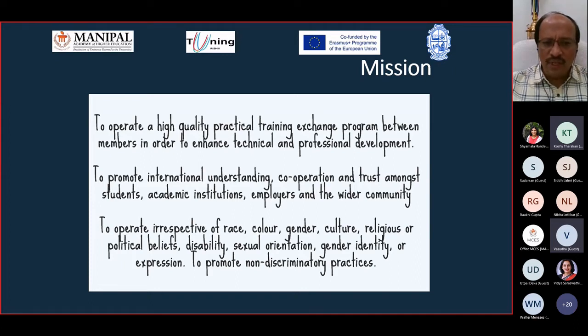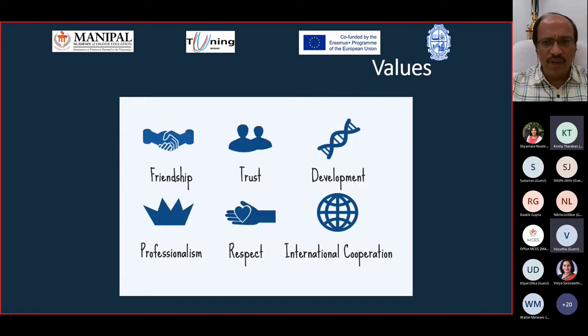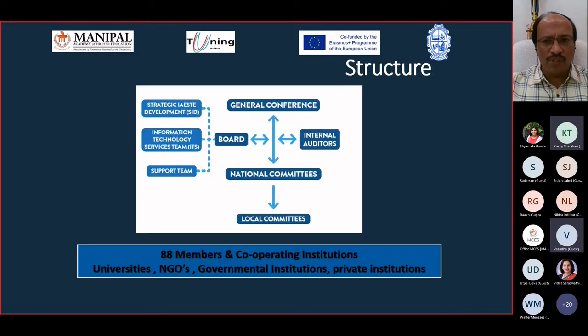To operate irrespective of race, color, gender, culture, religious or political beliefs, disability, sexual orientation, gender identity, or expression, to promote non-discriminating practices. These are the missions of this organization. And the values are friendship, trust, development, professionalism, respect, and international cooperation.